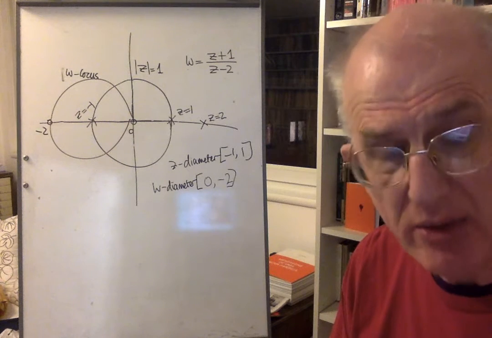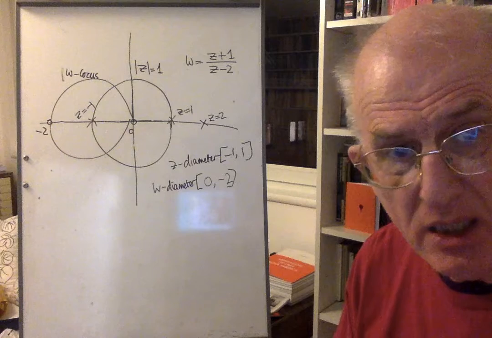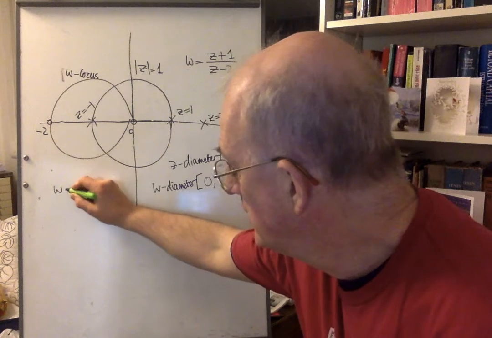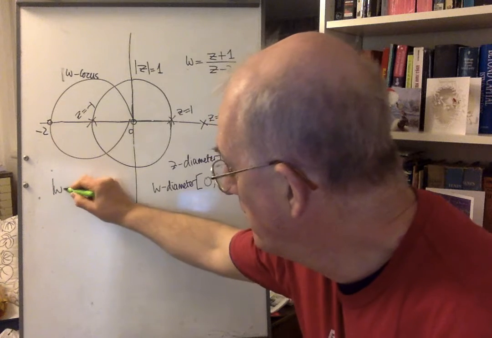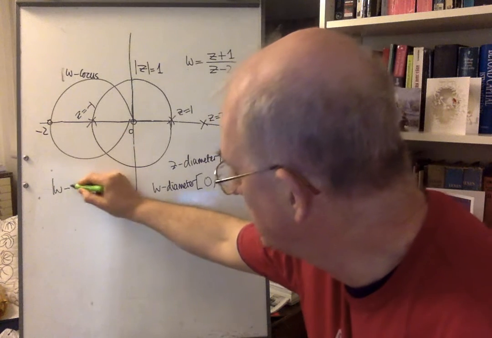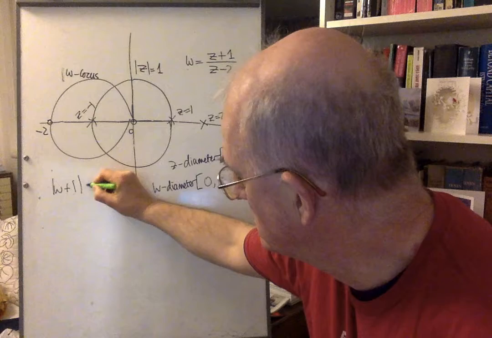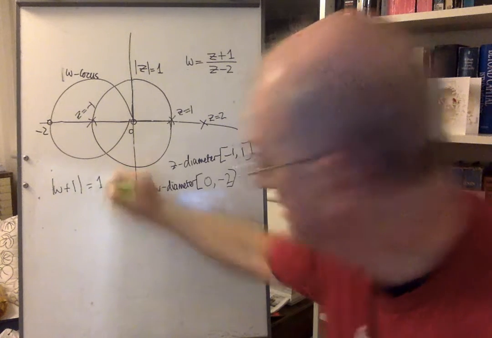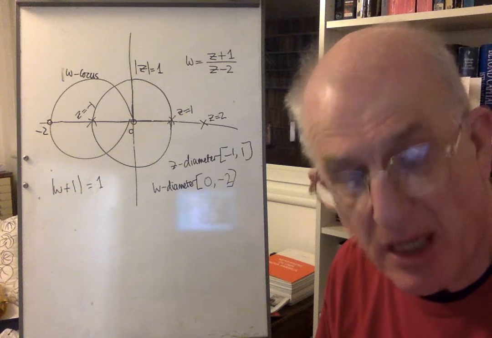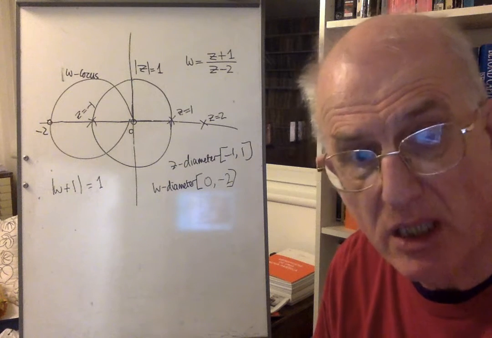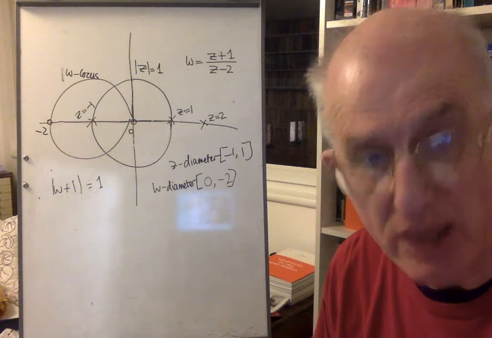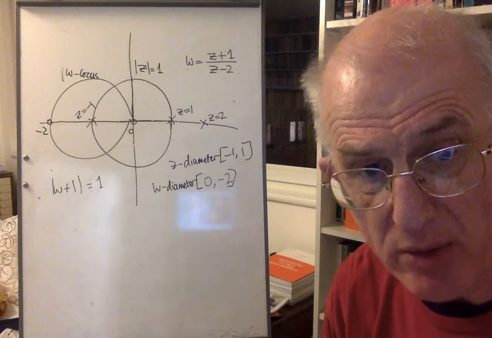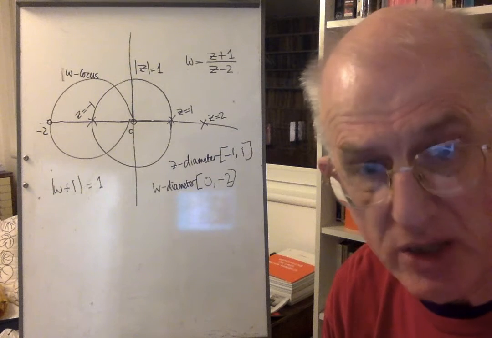If you want to work out the equation of it, it's mod w minus the centre, which is minus 1, so w minus minus 1, is equal to 1, which is the radius. Square that up, and it will give you the equation in terms of the real and imaginary parts of w, which are normally written as u and v.